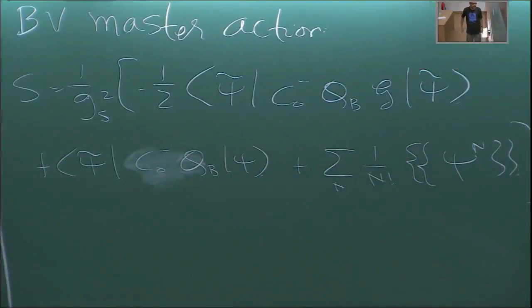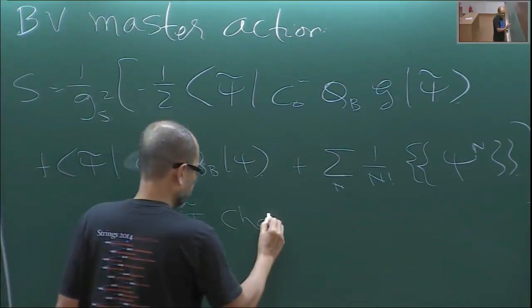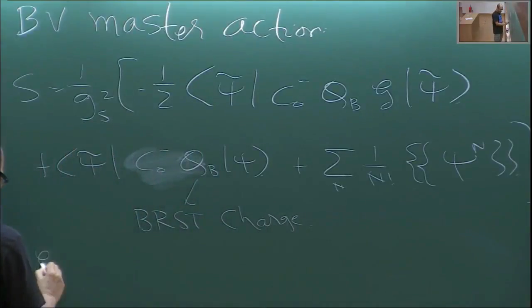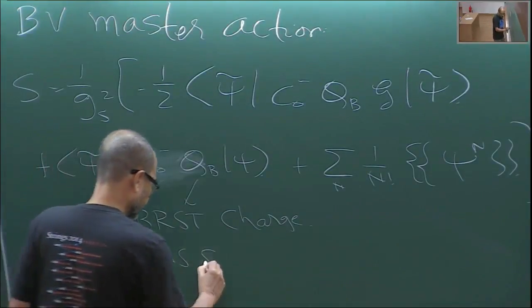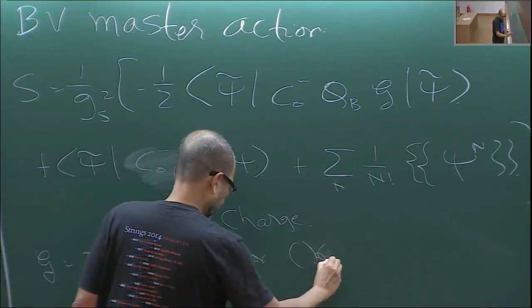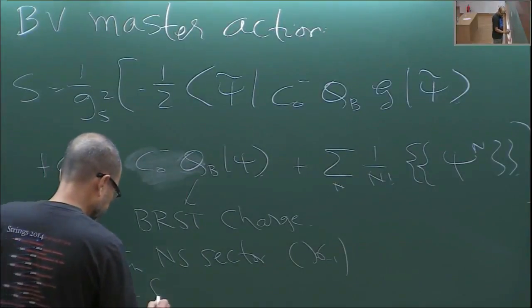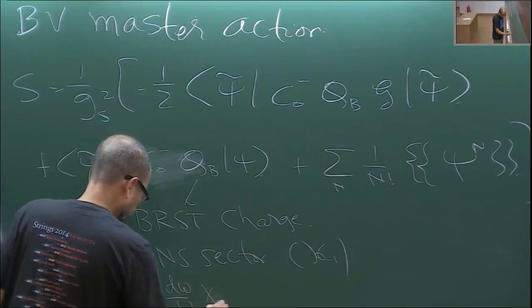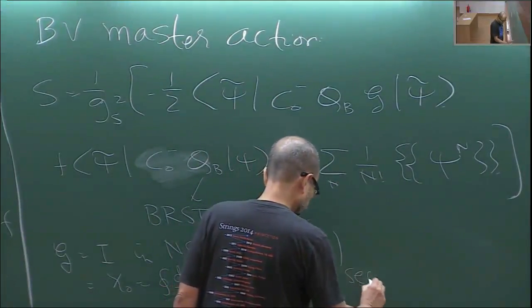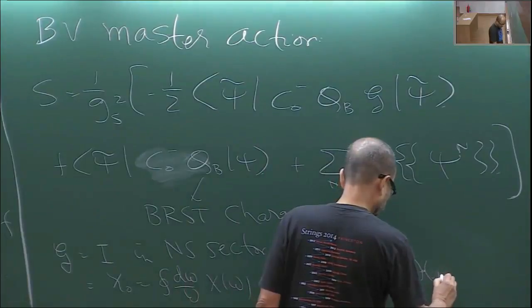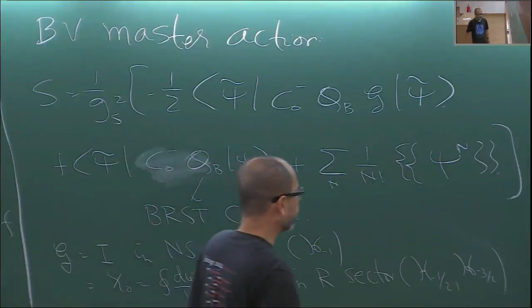GS was the string coupling. This was the BRST charge. G was identity in the NS sector, which basically in our context corresponds to H minus 1, and this was chi 0, which is integral dw over w chi of w, in the Ramond sector, which is H minus half, H minus 3 half. And chi is the picture changing operator.